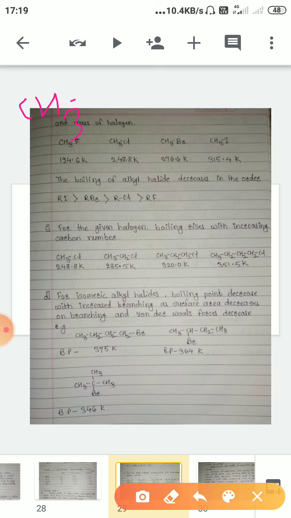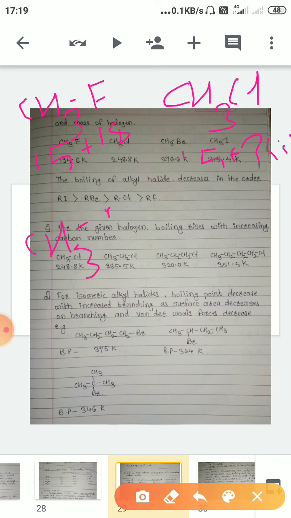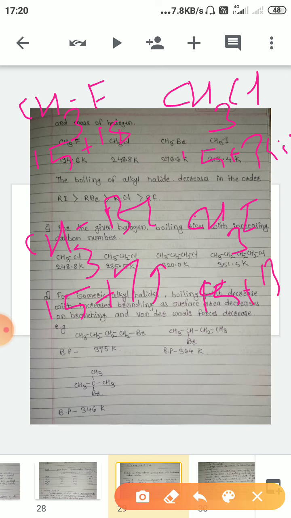Simply, we can consider methyl fluoride, CH3F: 15 plus the mass of fluorine, which is 18. For methyl chloride, 15 plus 35.5. For methyl bromide, 15 plus 79. For methyl iodide, 15 plus 131.